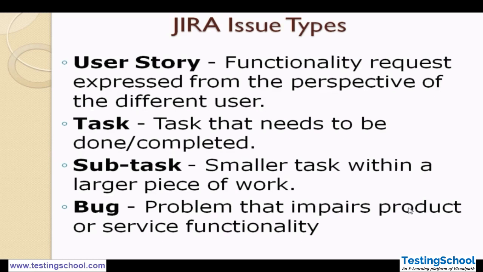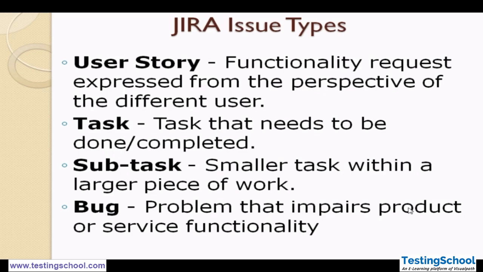And within the task, let's say it is big enough or it has big functionality that need to be implemented in that task, then we have to create the subtask, or we can create a subtask from the task only. So what is subtask? Subtask is a smaller task within a large piece of work, and that large piece of work is defined in the task only.